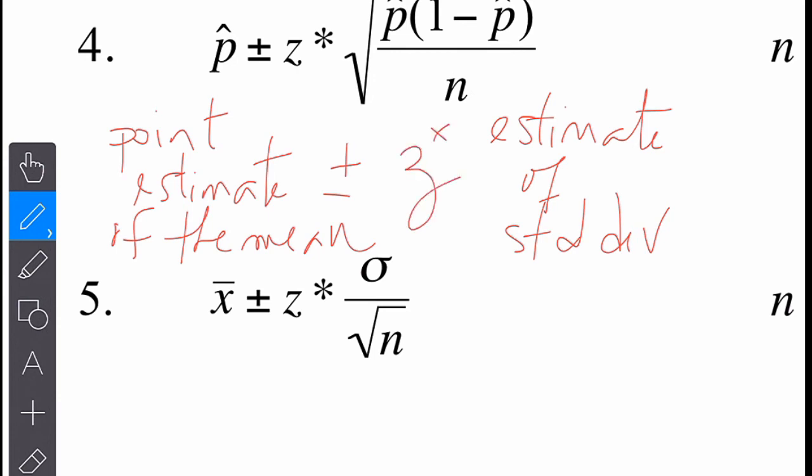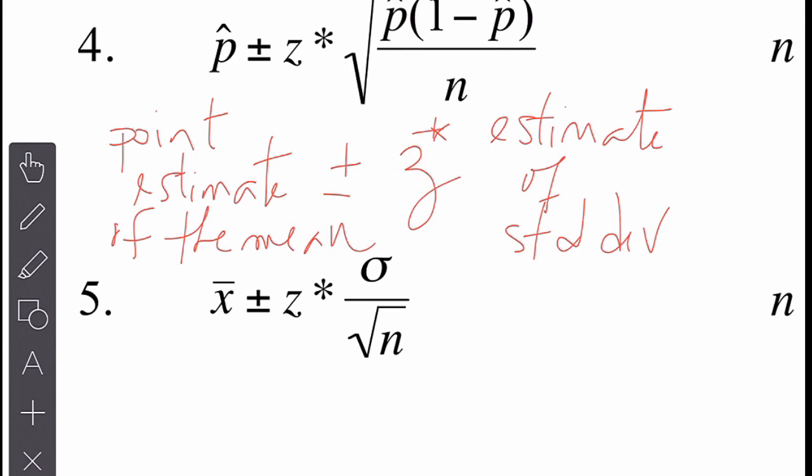Now, depending on what percentage of observations I want to capture, that's going to determine what the z is. So if I want 68%, that's going to be 1 or approximately 1, and I'll show you to be more precise how we get this value.